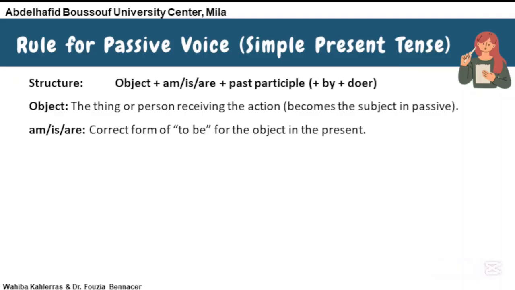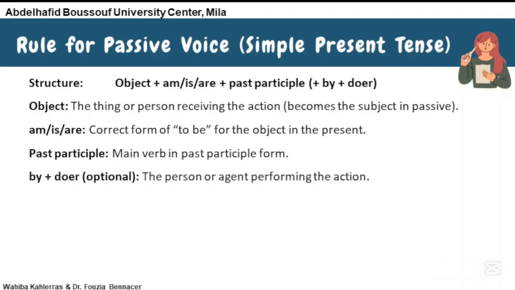In irregular verbs, we have to know them and we find them in lists or in grammar books or online. After I do that, I may or may not add the subject or the doer of the action, by plus doer. It is completely optional, again, because we are focusing only on the action.